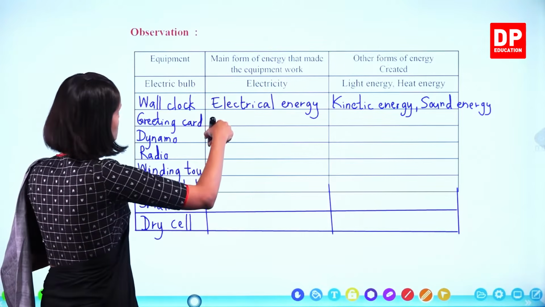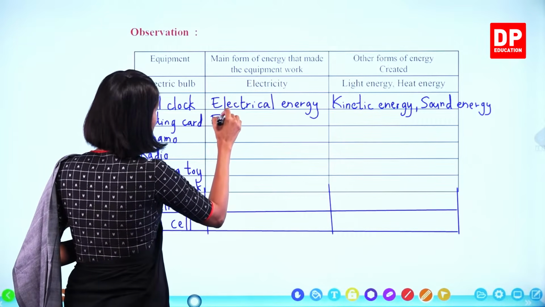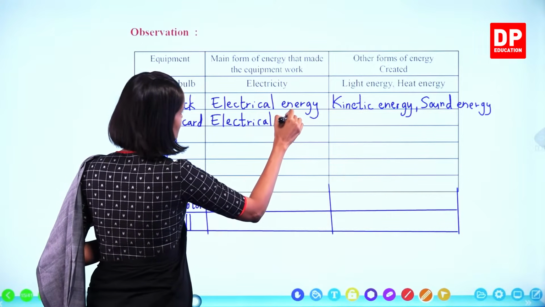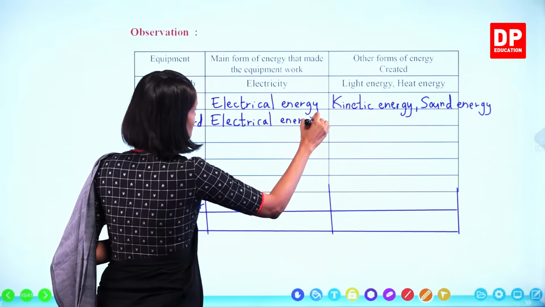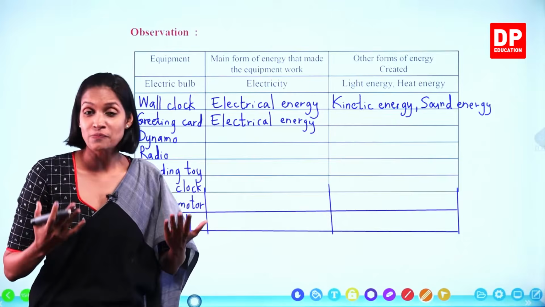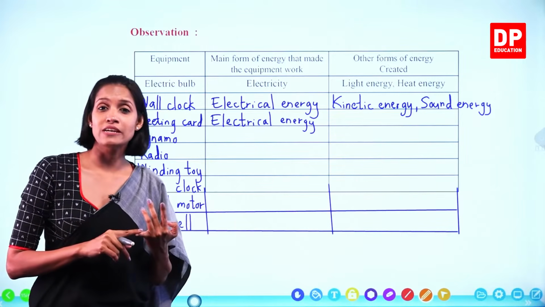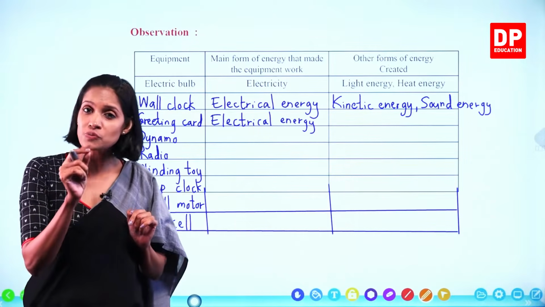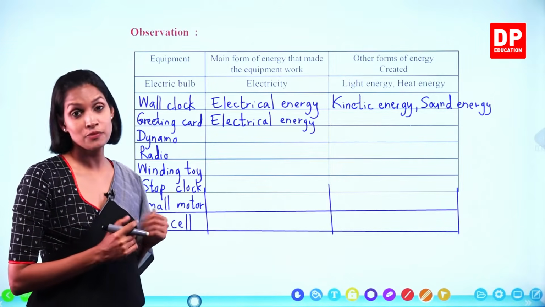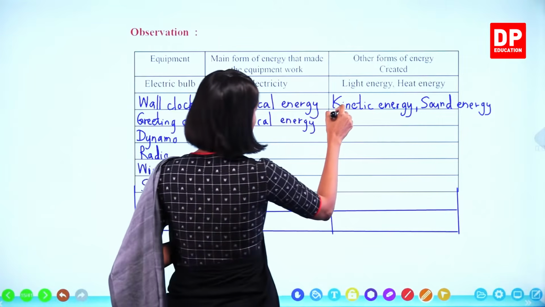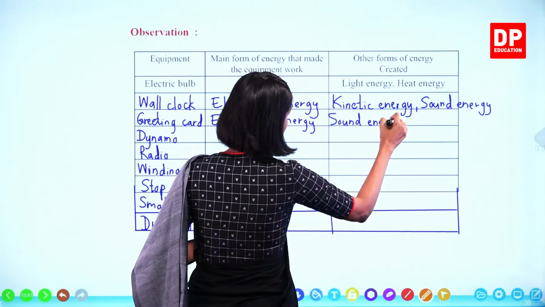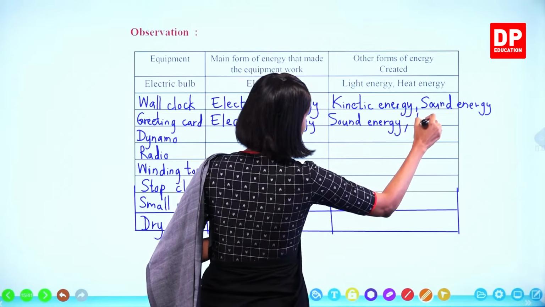So we will write again electrical energy. Right? As you open these types of cards, it plays music, which means sound energy. And some of these cards have a small LED bulb. In that case, light energy is also produced. We will write sound energy, light energy.